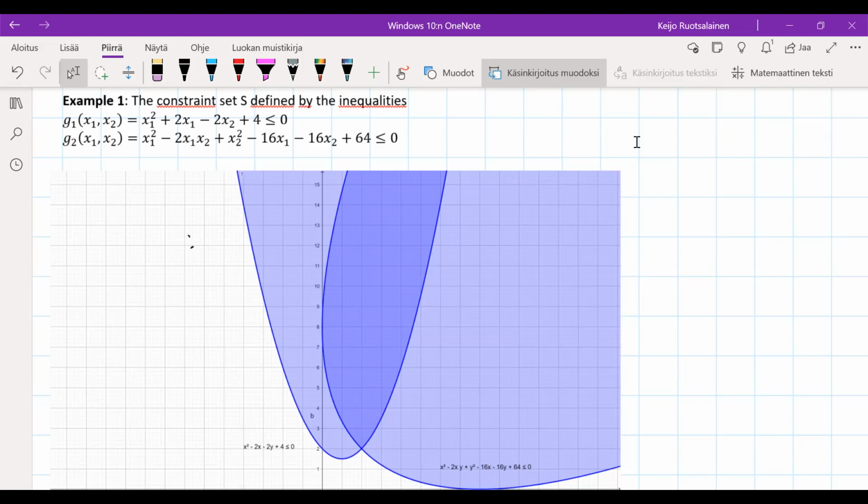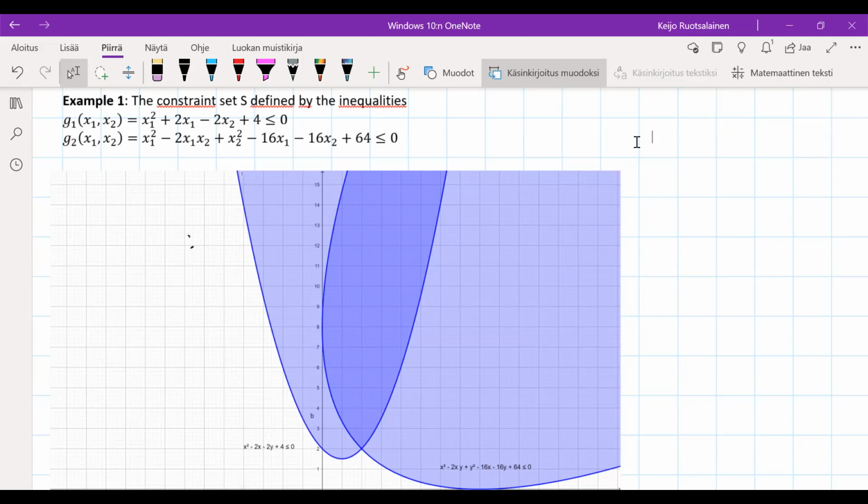So it is this parabola opening upwards. And the second parabola is defined by the quadratic inequality g2 of x is less than 0. So it's the parabola over here. And the intersection is here. It is a bounded set because these parabolas are inscribing a bounded closed area, so a compact set.